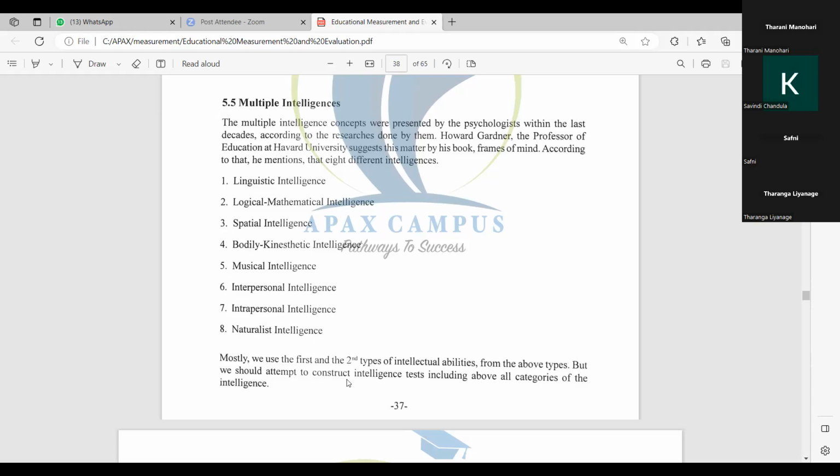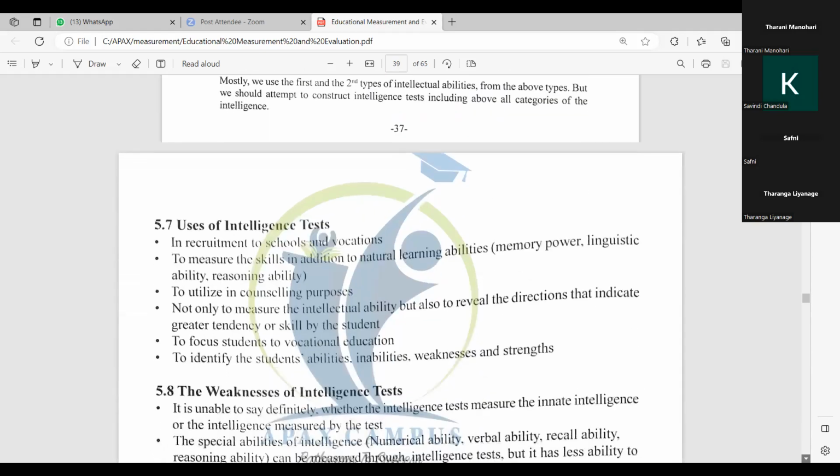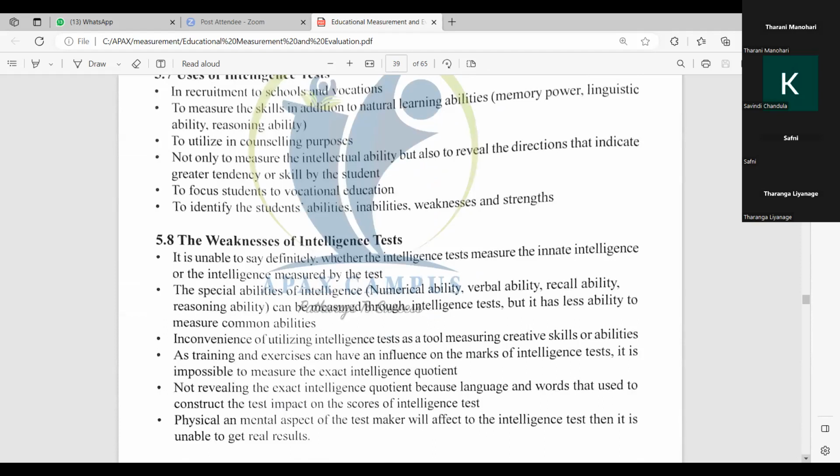But mostly we use the first and second types of intellectual abilities from the above types, that is linguistic and logical mathematical. But we should attempt to construct intelligence tests including all the above categories of intelligence. Right? So not only tests, we should help students develop many of those, at least several of those intelligences, because they are important.